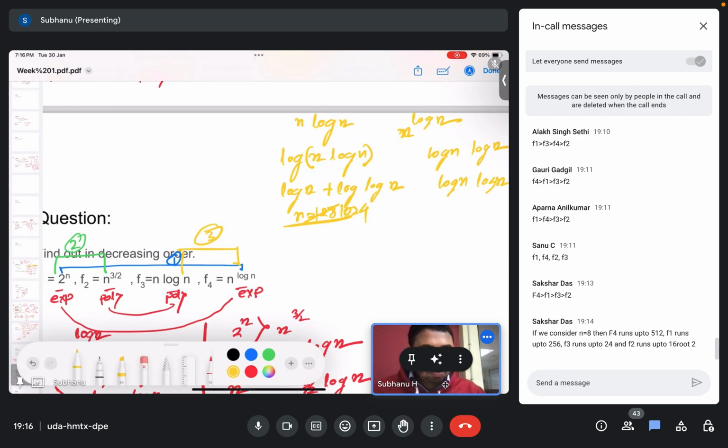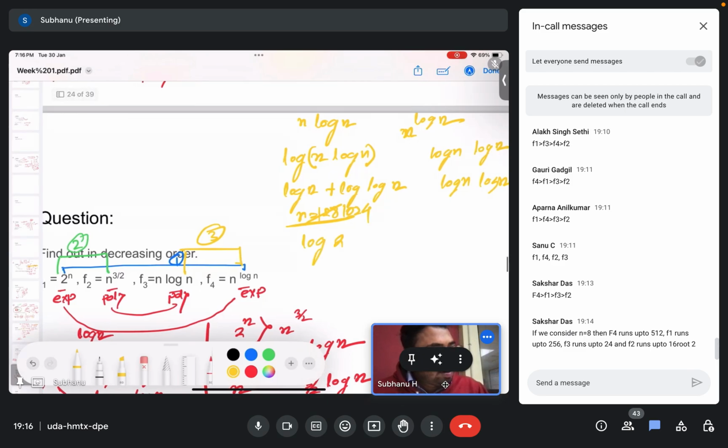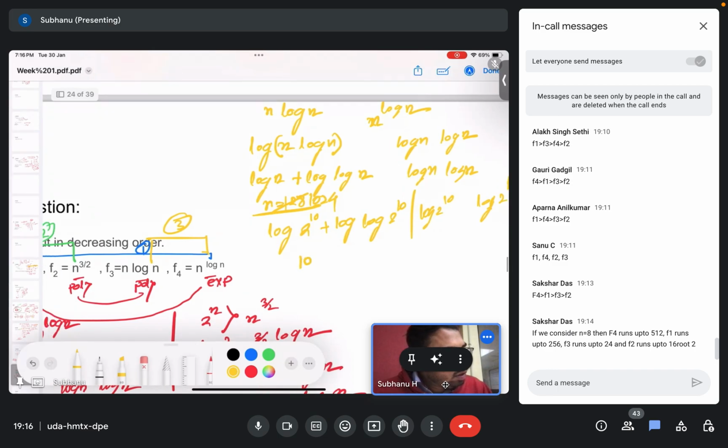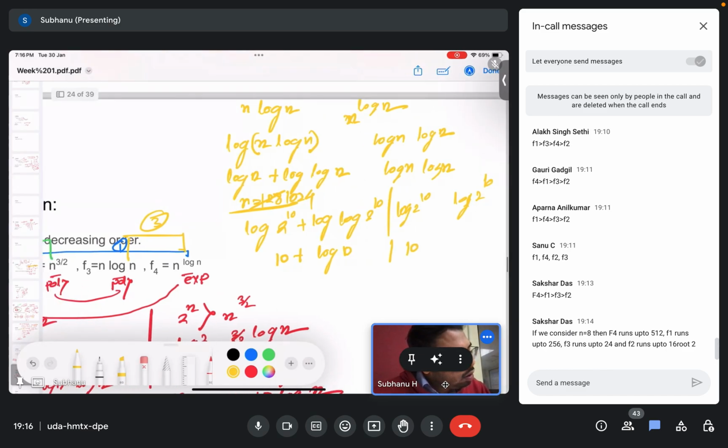Because these are powers of 2. 2 to the power 10 is basically 1024. So log of 2 to the power 10, and here it will be log of 2 to the power 10 and log of 2 to the power 10. Here you will get 10 plus log 10, and 10 into 10.